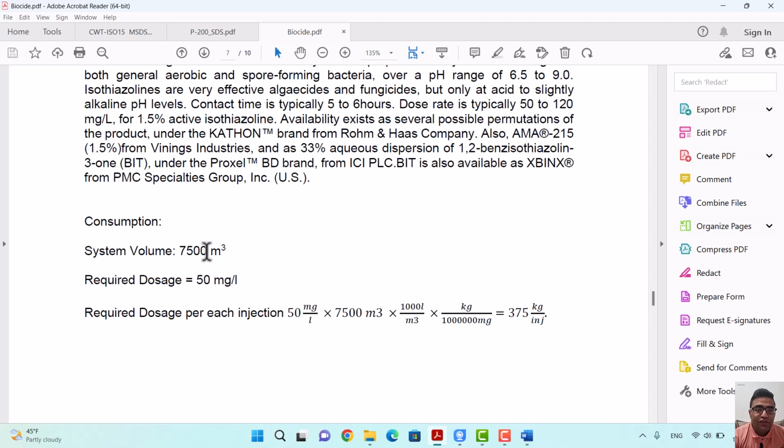For my system, it is approximately 7,500 cubic meters.